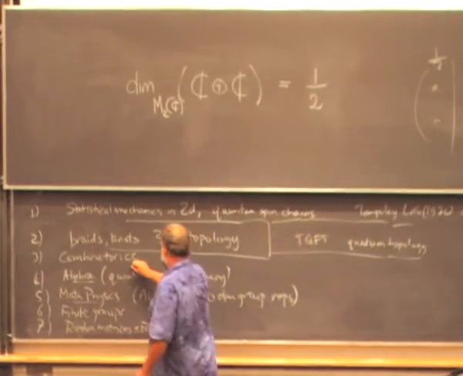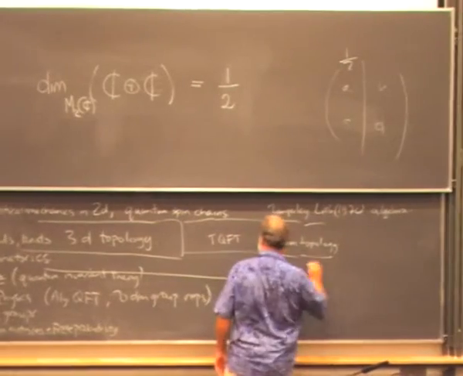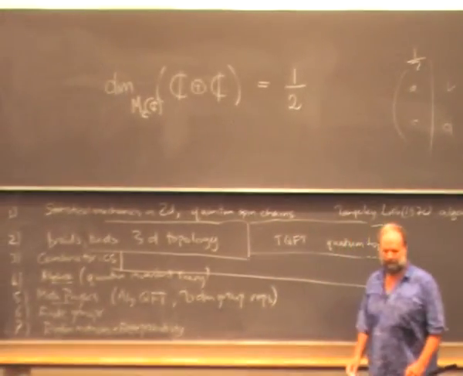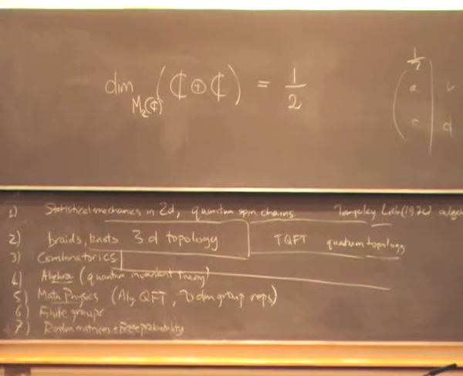So, then we go. The next topic of the 7 is combinatorics, and here I want to mention this because there's a Danish mathematician who made a huge contribution.